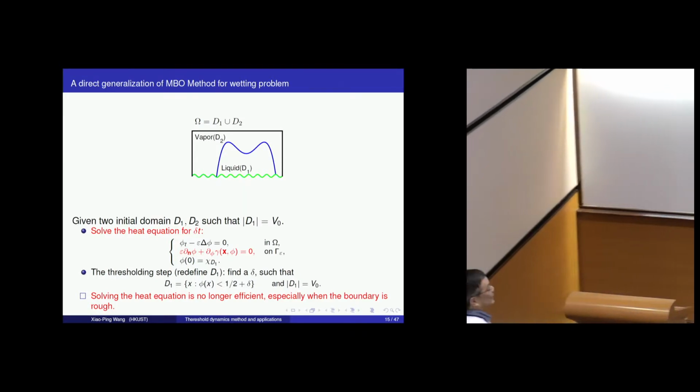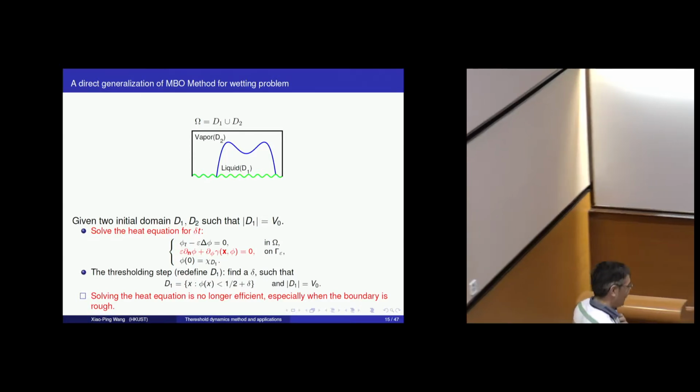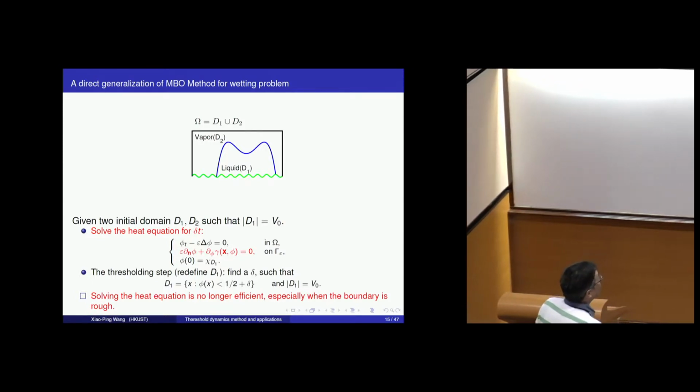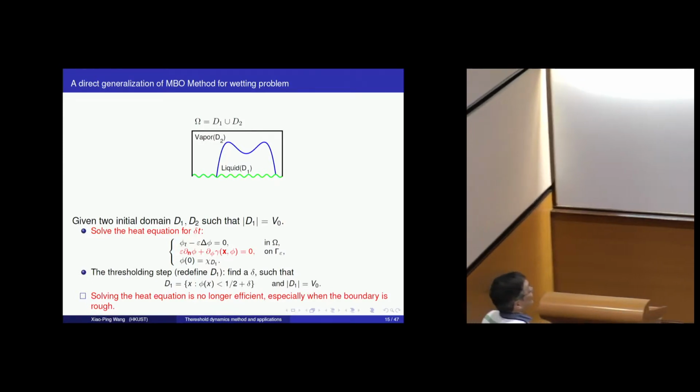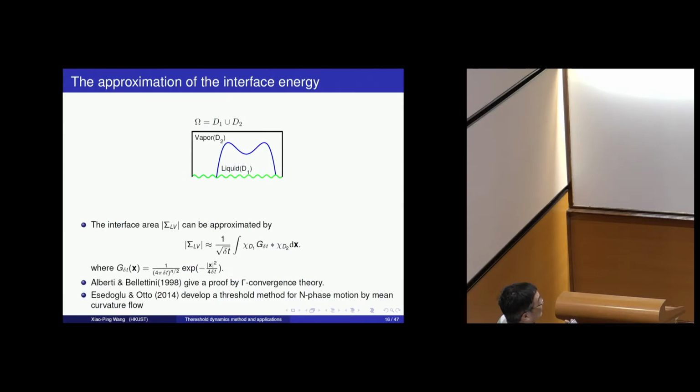If you have a very efficient method for solving the heat equation on the bounded domain with rough boundary, that's fine also. But most people will not be able to do that. This is not our way to generalize the problem.